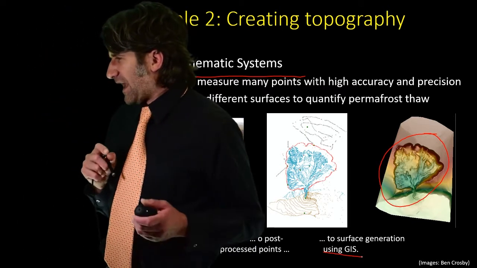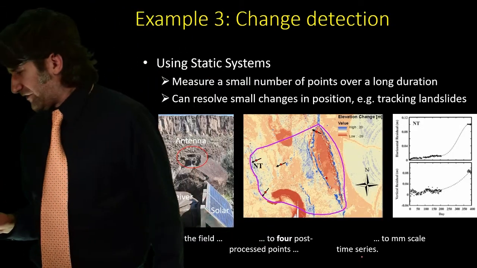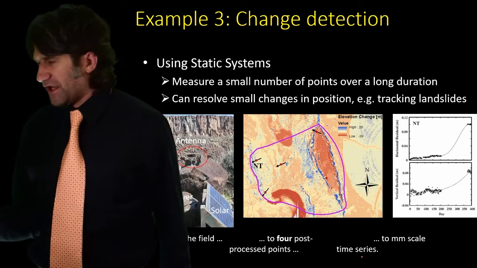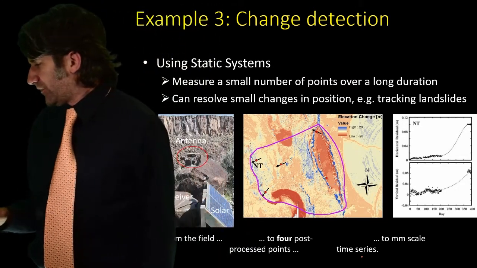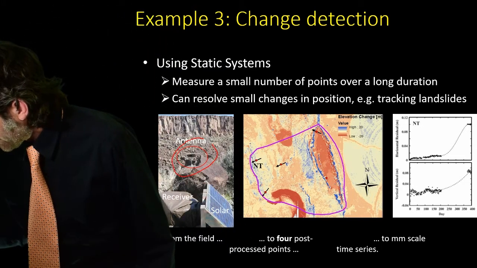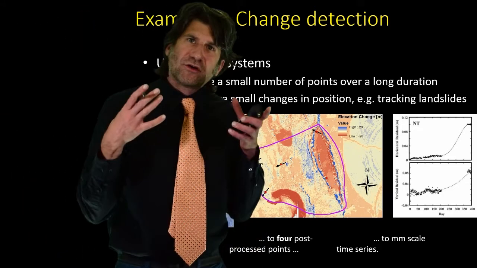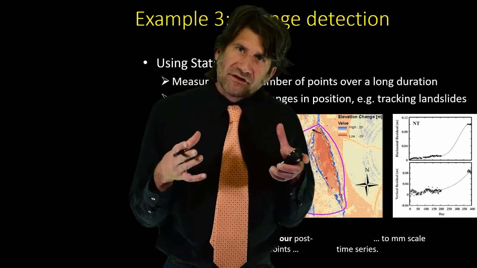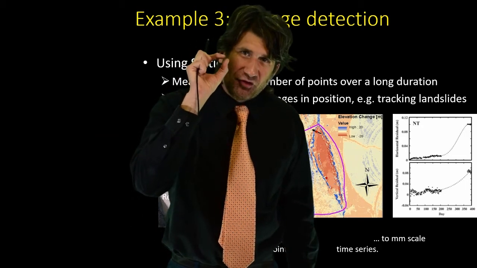And finally, our last system, our static system. Let's say that you've got a landslide and you want to see if that landslide is moving. You can use it to do what's called change detection, where you set up your antenna right here. There's our antenna sitting up right on a block. Basically you sit there and measure where that block, that rock, is for a couple of hours, and then you know its position down to a millimeter.